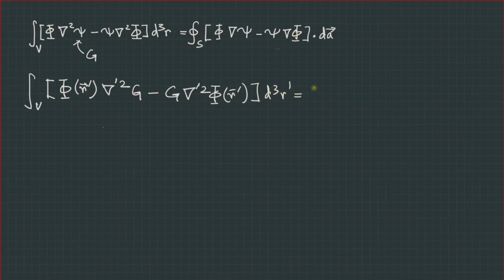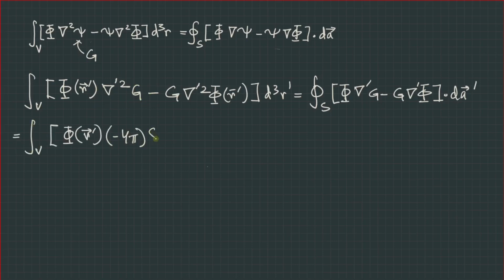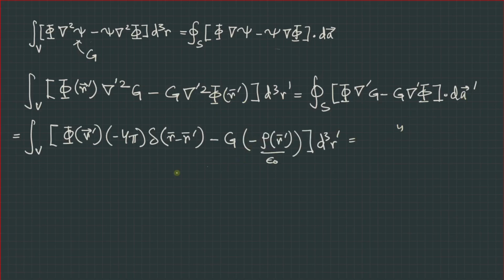We'll do the integration here, and this is simply the same thing. So now we know that this thing is nothing but delta of r minus r dash, because that is how we have defined our Green's function. This is by definition, and by Poisson's equation we know that this Laplacian is nothing but, this remains the same, the right hand side does not change. Now we can just separate this integral.